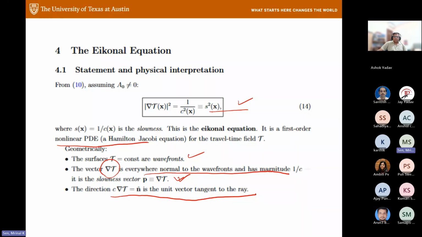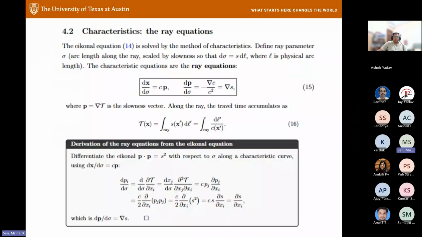One of the ways people solve this, and you can find this in classical mechanics as well, is to come up with characteristic equations where sigma is the length. This sigma is the length of the ray path, or arc along the ray. Oftentimes people also use something called a ray-centered coordinate system, where the distances are measured along the ray path.